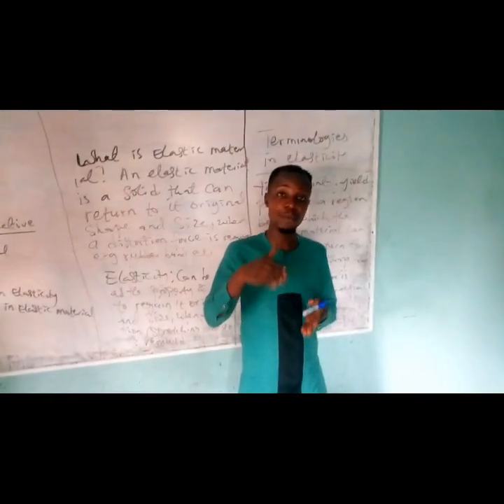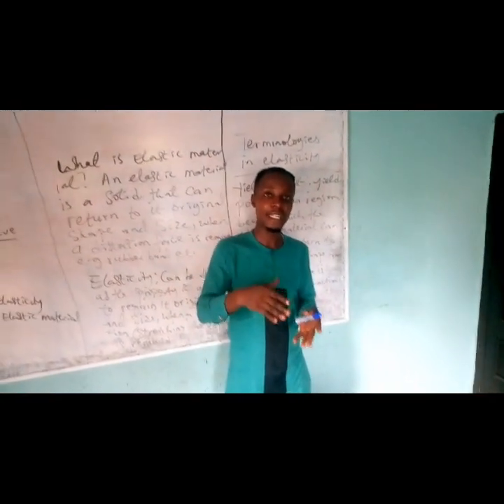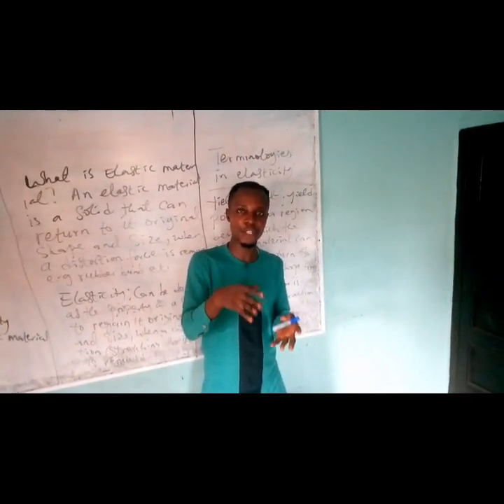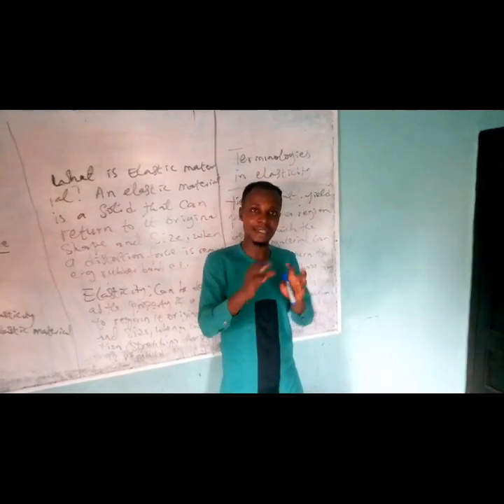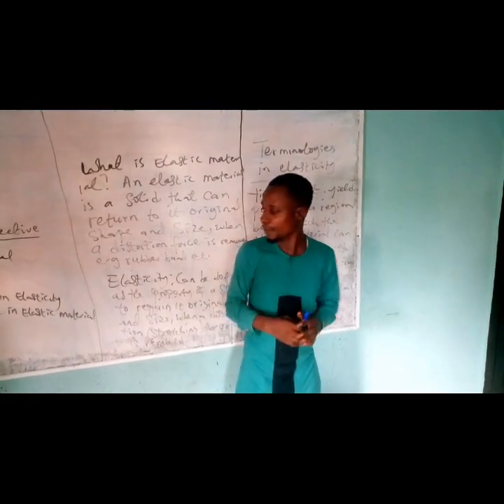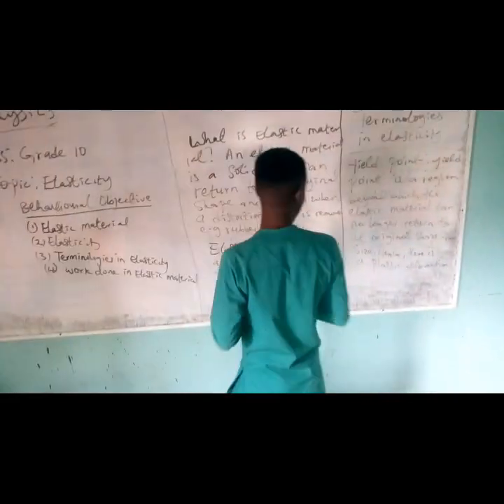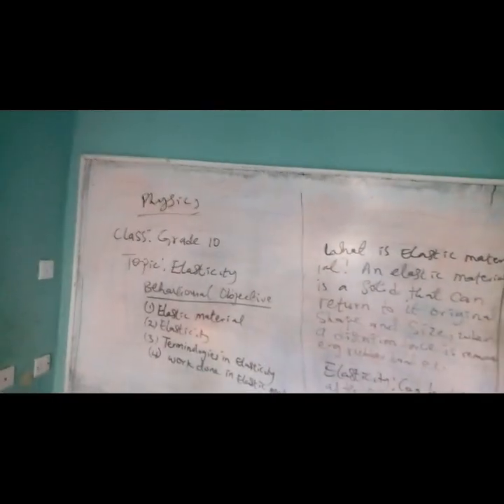And once it attains its yield point, you have what we call plastic deformation. I'm going to show this in a graph so you can visualize what we are saying here.